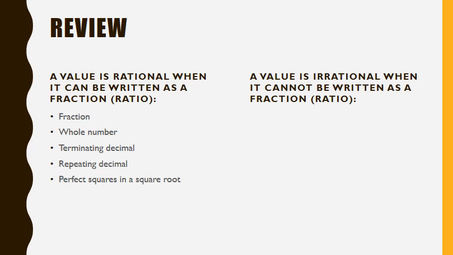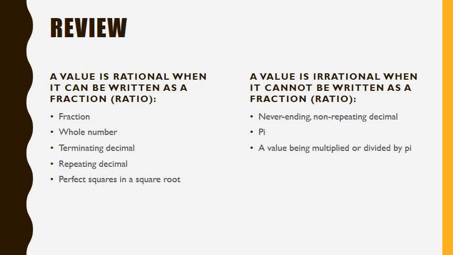A value is irrational when it cannot be written as a fraction or as a ratio. So our examples here would be a never-ending, non-repeating decimal. That's going to be the most common. Pi, if you see pi, it's probably irrational unless someone's trying to trick you, which I won't do today. I will warn you before I try to trick you, and it wouldn't be until you guys got good at this.